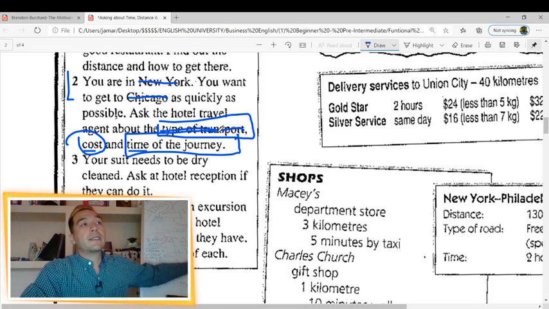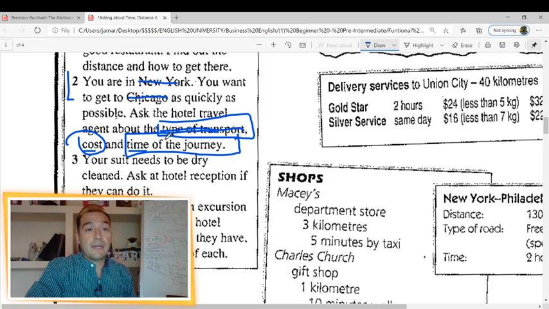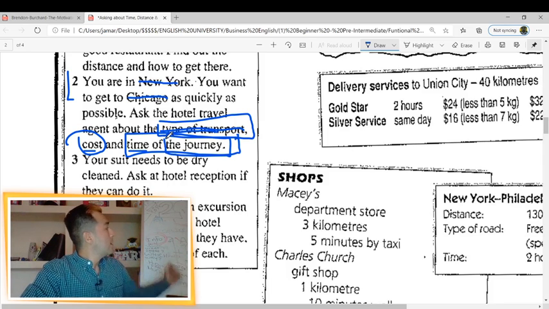What is the subject? It says right there, time of the what? Journey. The journey is the subject. And the verb? What is the action? Take. Okay? How long? Information, WH for the information questions.